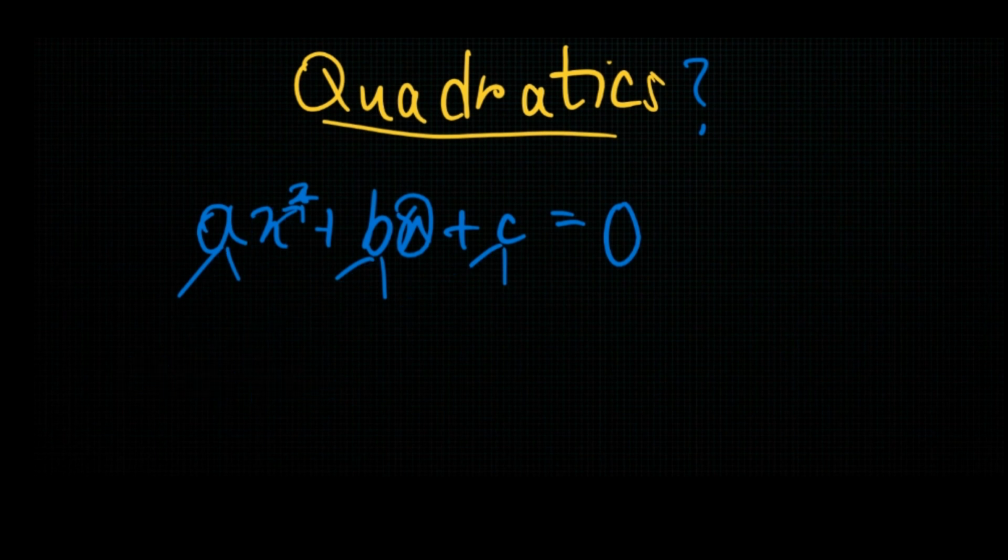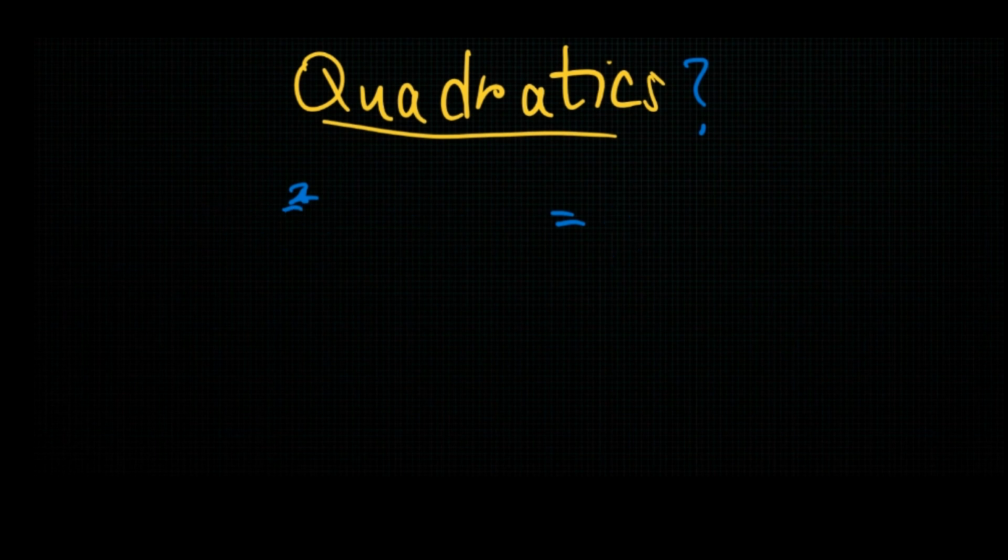Now, not every quadratic has this structure. There are some quadratics that are different from this structure. For example, x squared minus 36. I'm also going to teach you how to solve it.